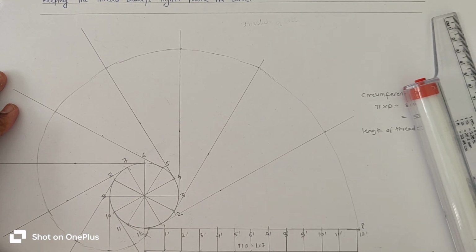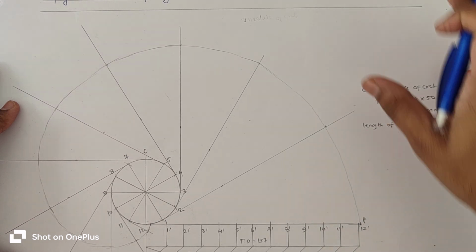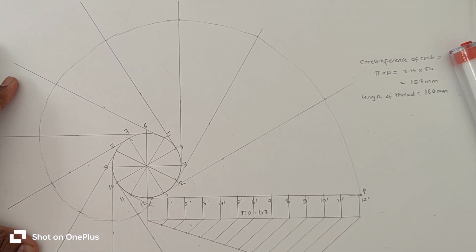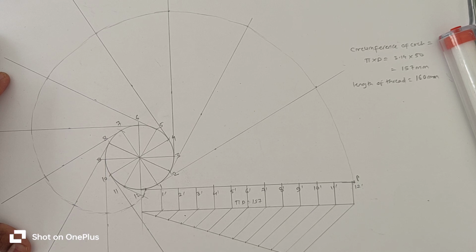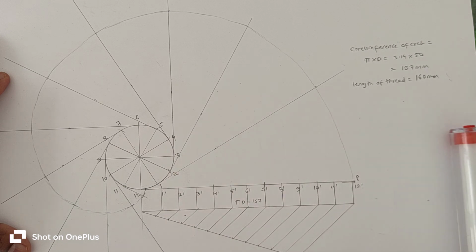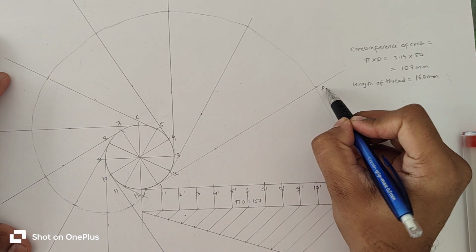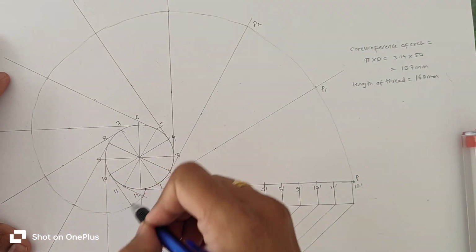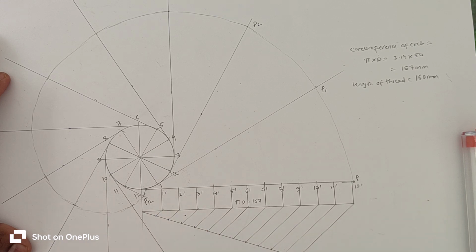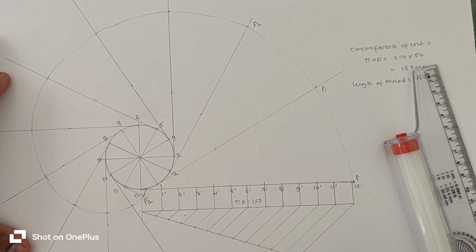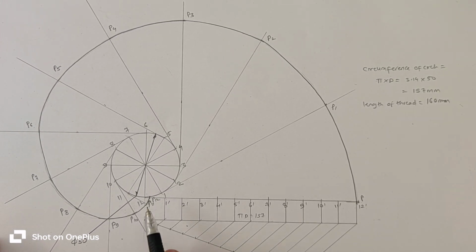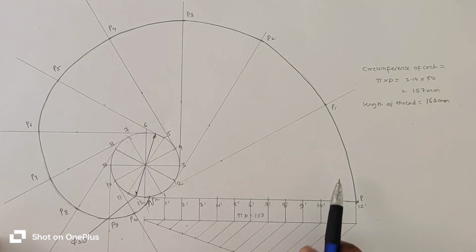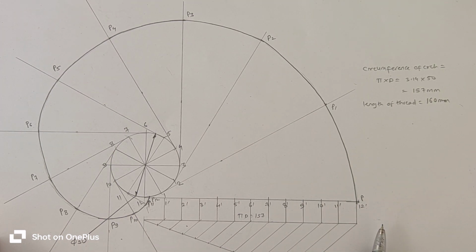So this is how our involute will look. So this is our involute. Mark these points P1, P2 up to 12, then draw the dimensions. So this is our final answer after drawing it freehand. Thank you.